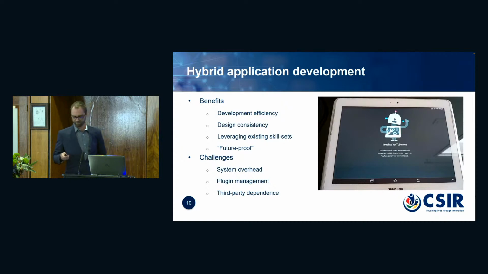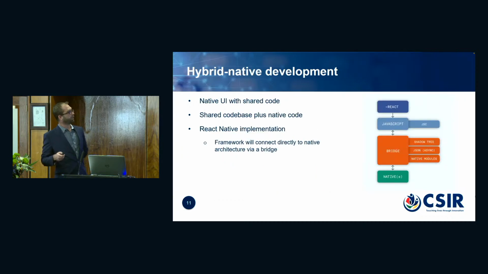Let me move on to some more examples. So one approach of hybrid development is native first approach. I'm not going to go into too much detail here, but basically you can see that the JavaScript, the code that you're writing, will interface directly with the native hardware through a bridge.